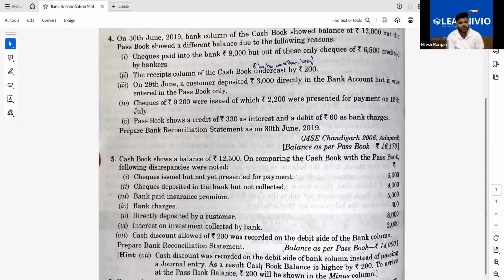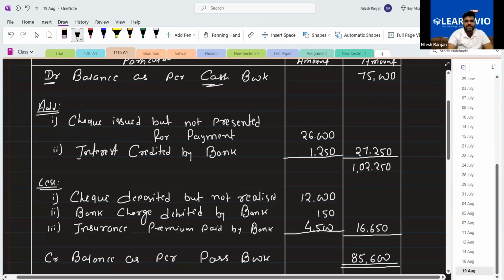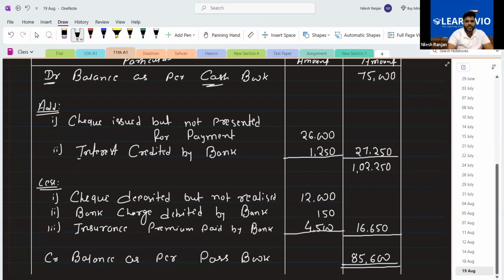Okay. So the first one, check issued but not yet presented for payment, 6,000. Is it on the add side or less side? Okay, add.